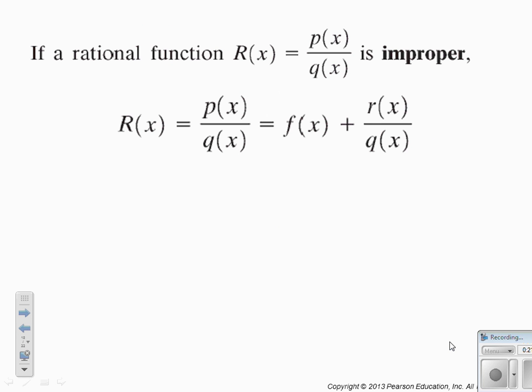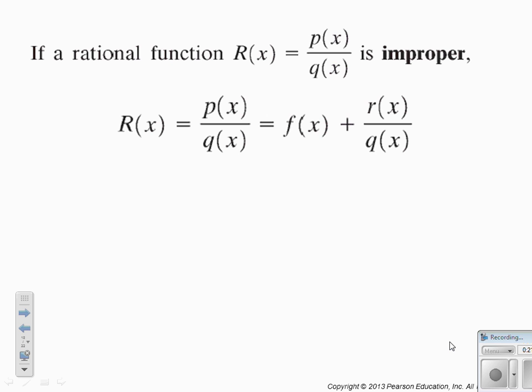If a rational function, p of x over q of x, is improper, then when we divide it out, it is going to be a function with a remainder.